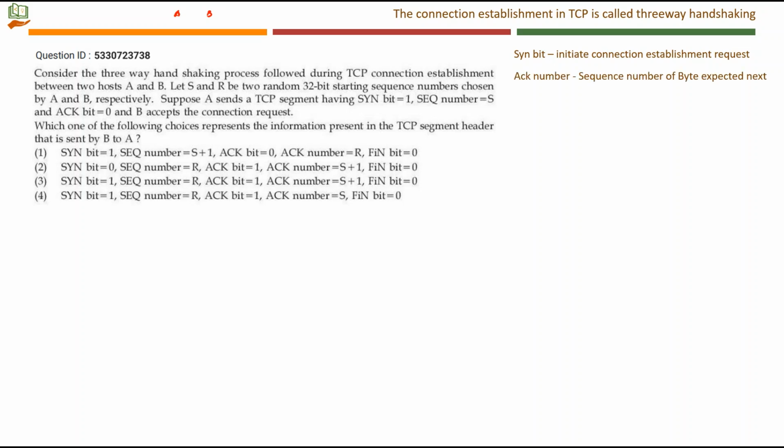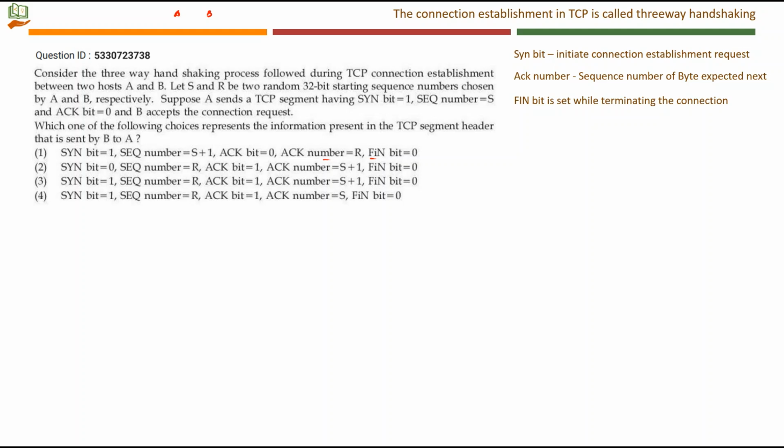Then we have the acknowledgement number in the option here. This acknowledgement number is the sequence number of the byte expected next. We also have another bit called the FIN bit. This is actually to mention that the connection is terminating. So the FIN bit is set while terminating the connection.